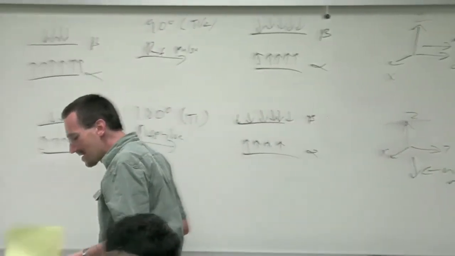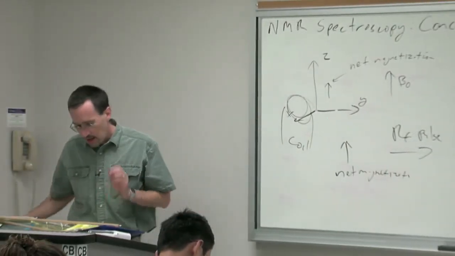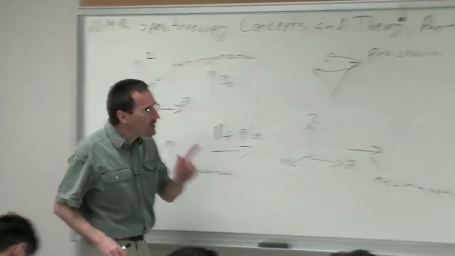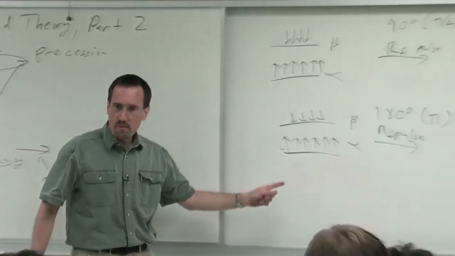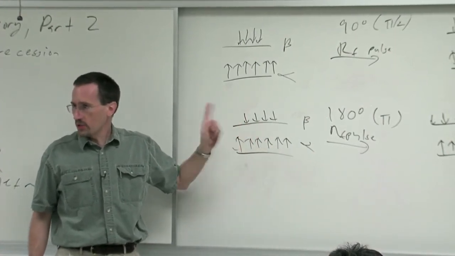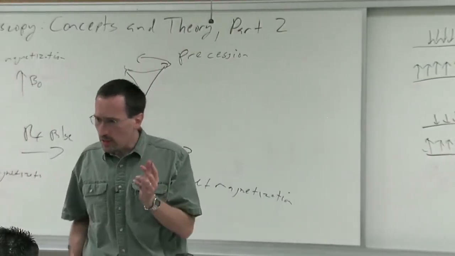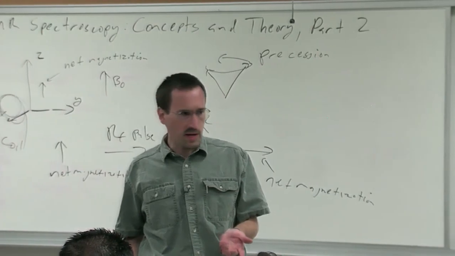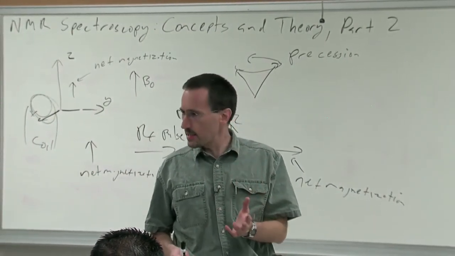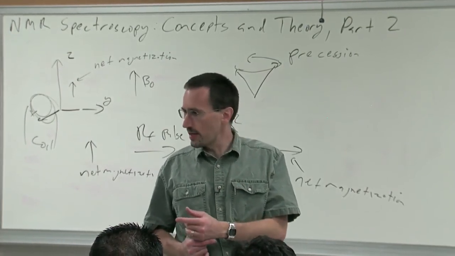All right, and this is the damning thing, well, one of the many damning things about NMR spectroscopy: no matter what you do with your pulses, you are limited to the difference in population that occurs between the alpha and beta state. And later, when we start to talk about 2D NMR spectroscopy, we're going to learn about one of the common techniques now, which is to go ahead and have polarization transfer.